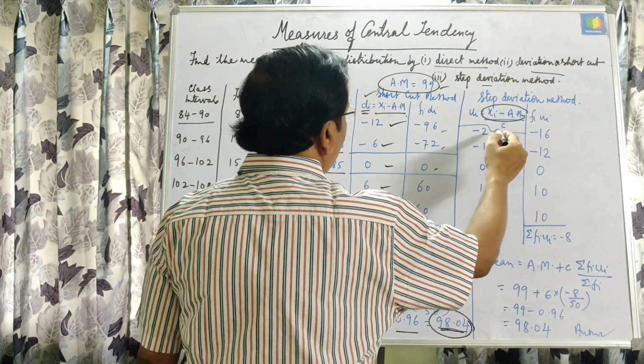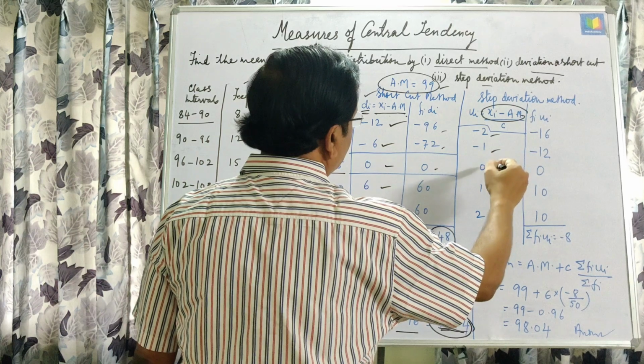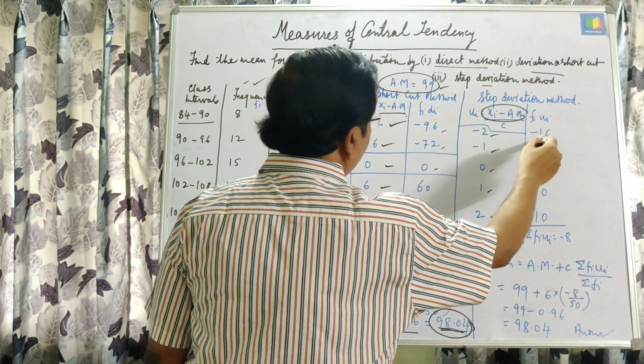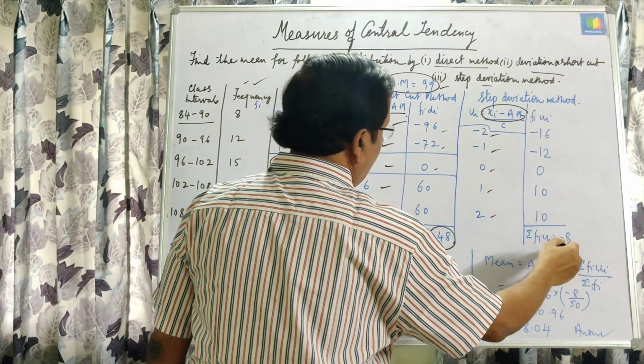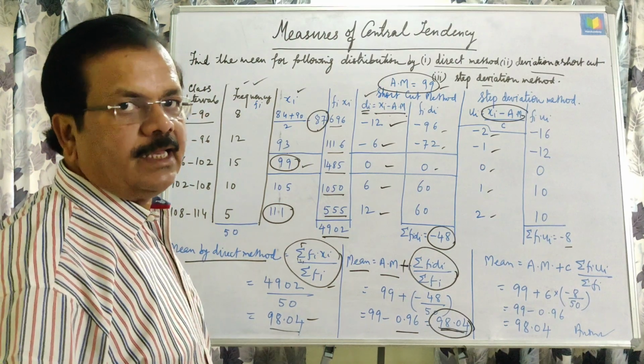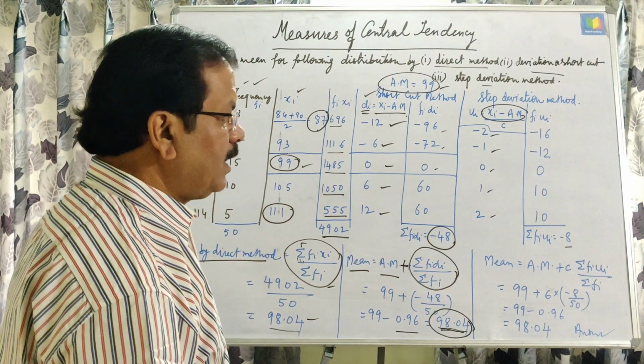To each row we get minus 2, minus 1, 0, 1, 2, and then multiply by Fi, we are getting these values. After adding, using the same sign convention, we get minus 8.